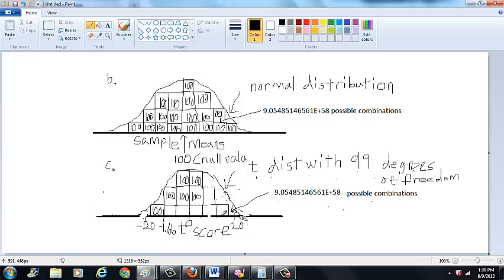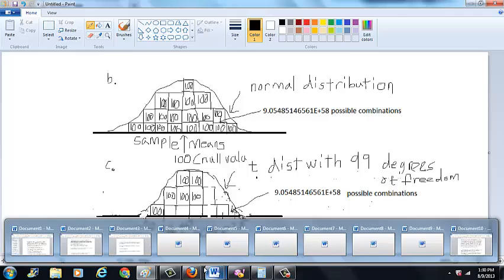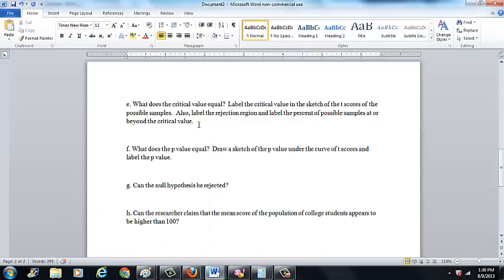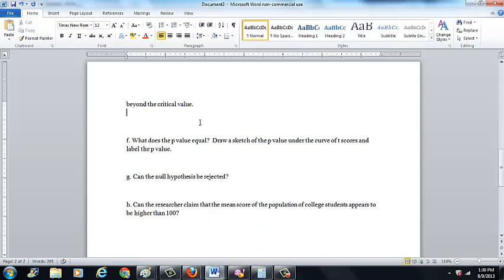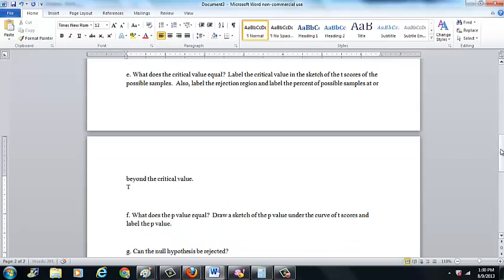1.98. So since we're doing a two-tailed test, we actually have two critical values. So you would actually say the critical values are 1.98 and negative 1.98.